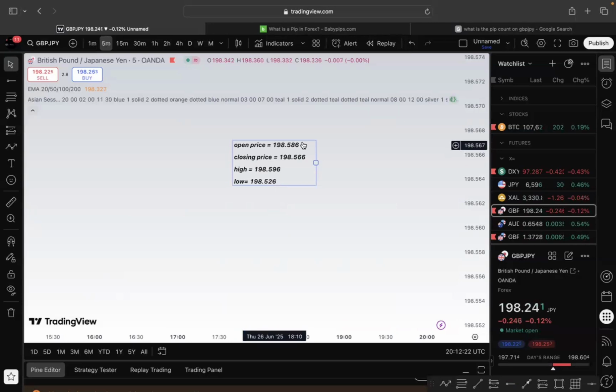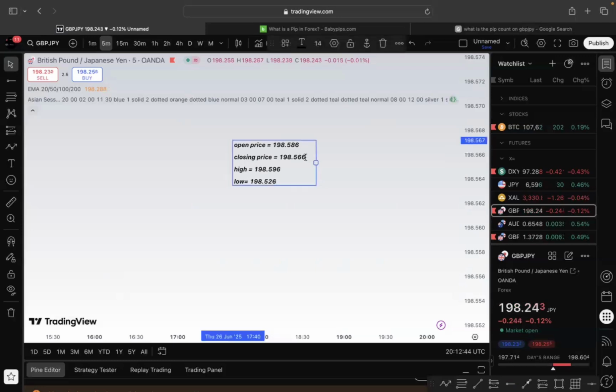So from the open price to the closing price is 2 pips, because price moved from 8 to 6, and the difference between 8 and 6 is 2. But the 6 remained the same, the third decimal place was the same, so there was no 2.2 or 2.4.